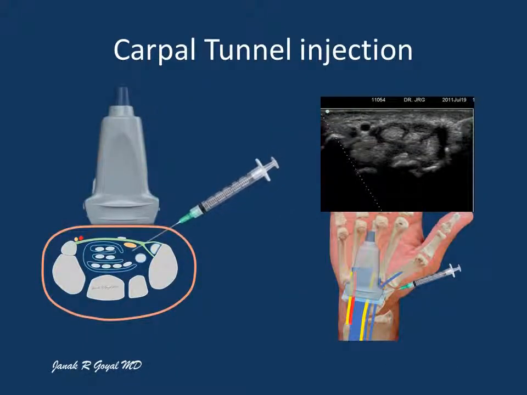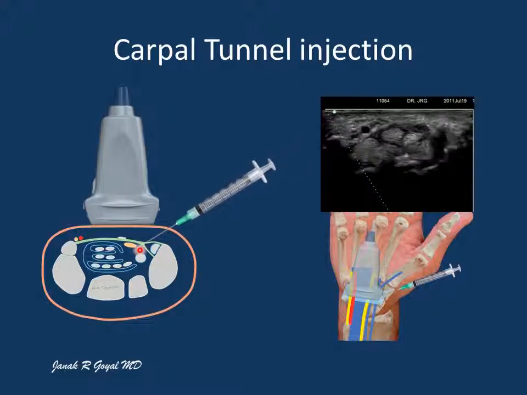For the carpal tunnel injection, the patient is placed supine with the arm at the side. The wrist is supinated and placed on a small pillow, the target site for injection is defined, and the point of needle entry is marked. I insert my needle through a space between the flexor carpi radialis tendon and the median nerve.